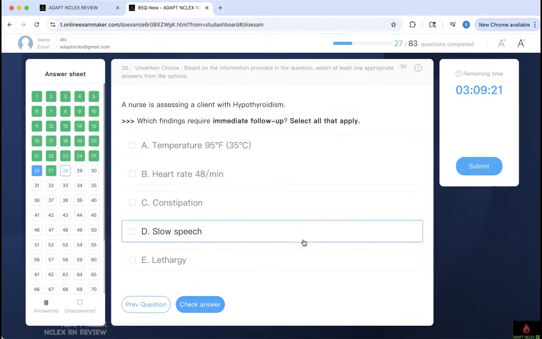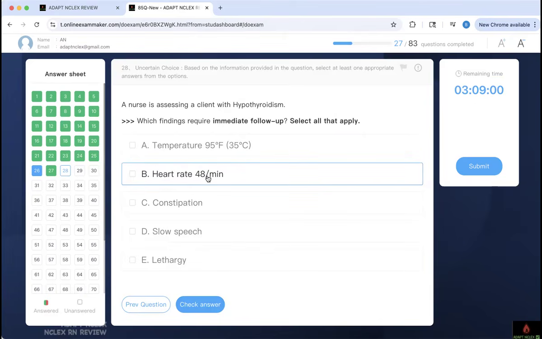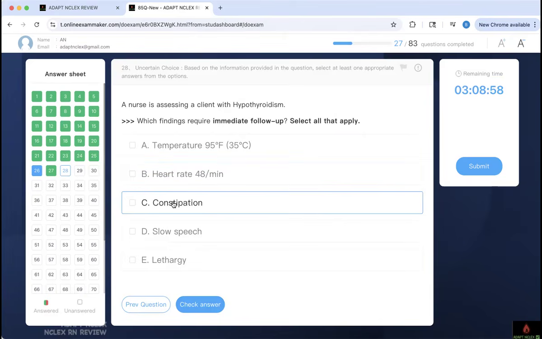And this is assessing a client with what? Hypothyroidism. I say for most endocrine questions, you have to know signs and symptoms. So that's what this is based on. And it's a select all that apply to test your knowledge. So this is SATA endocrine questions. If you have hypothyroidism, should your temperature go up or low? Should your heart rate go up or low? Should you have constipation or diarrhea?